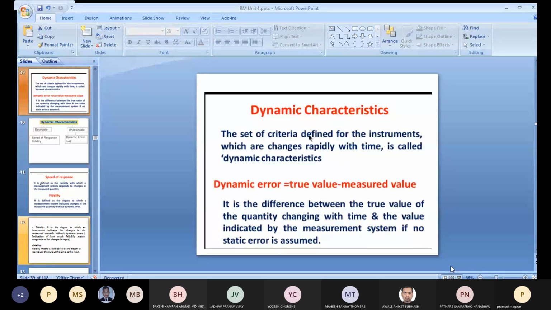For that you can write rapidly changing in case of true as well as measured value.